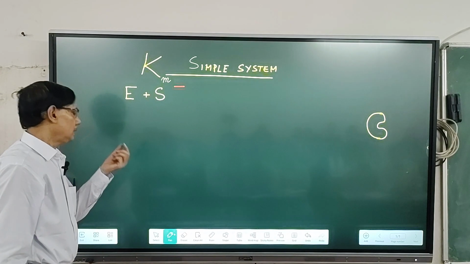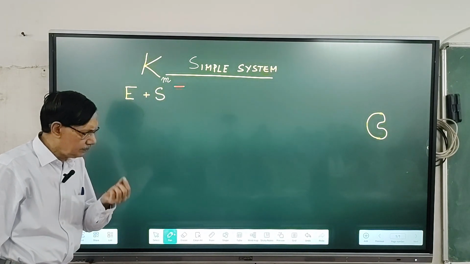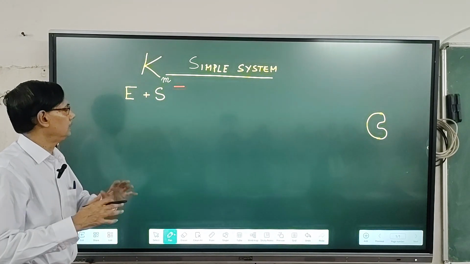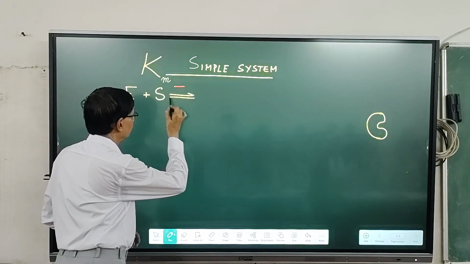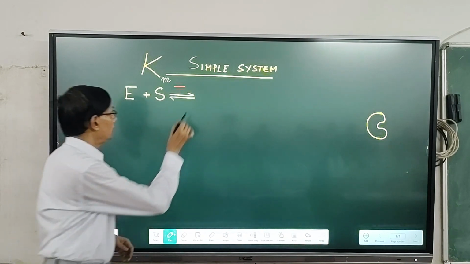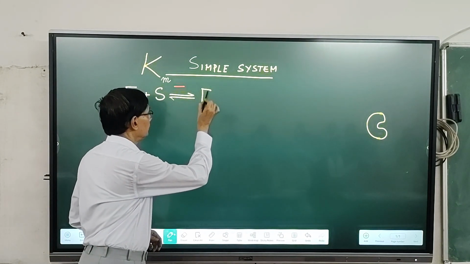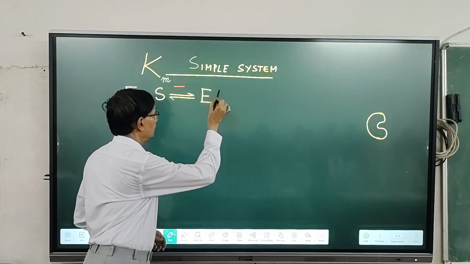And you all know that the concentration of enzyme is very, very low and the concentration of substrate is high. So there is an equilibrium state and formation of the enzyme substrate complex ES.